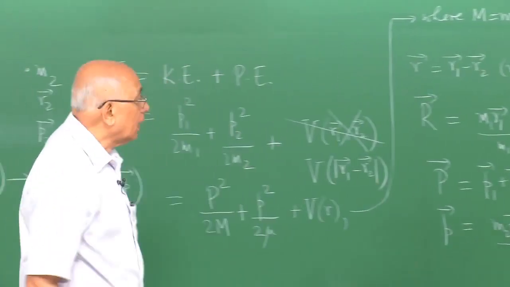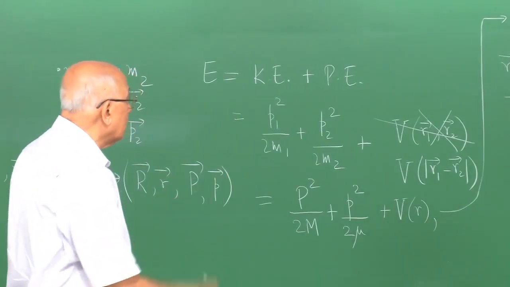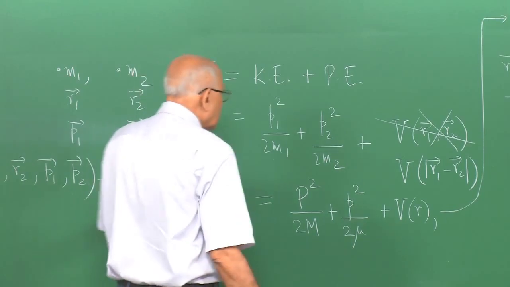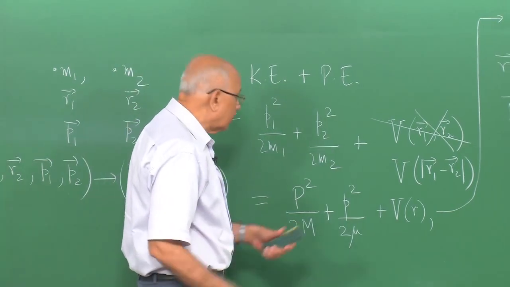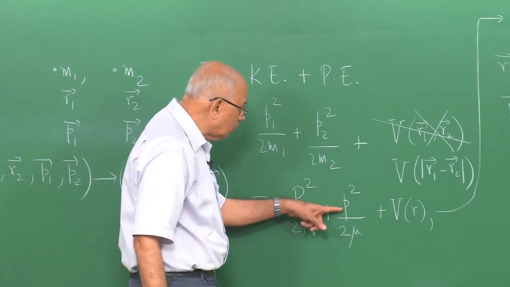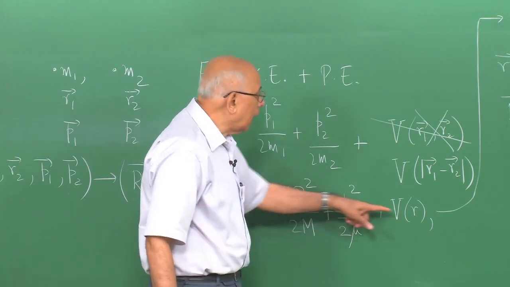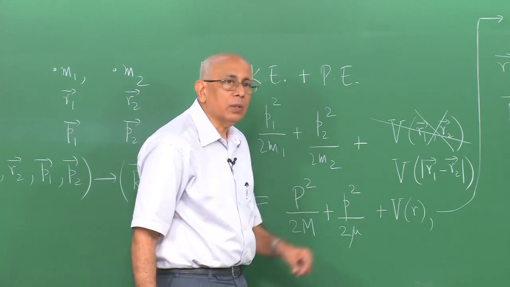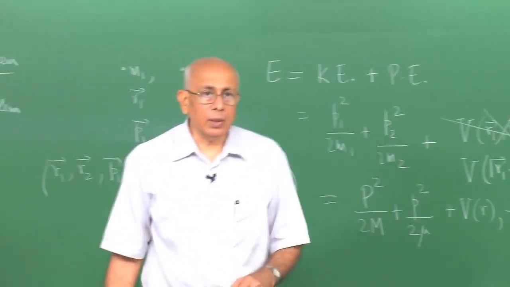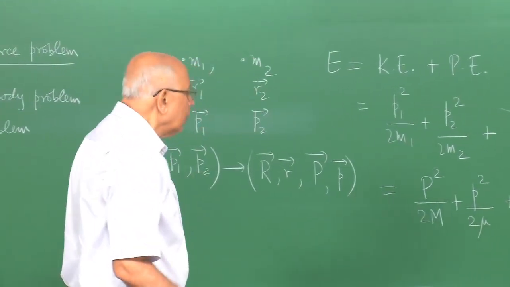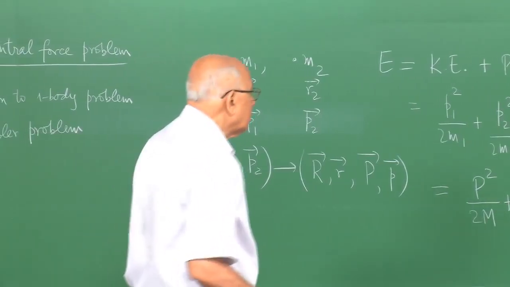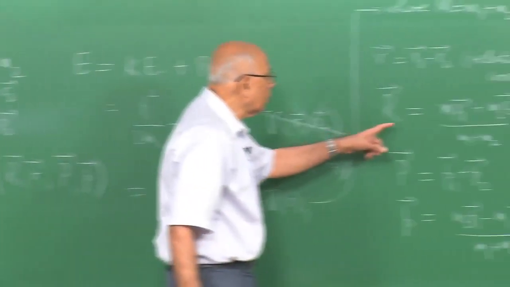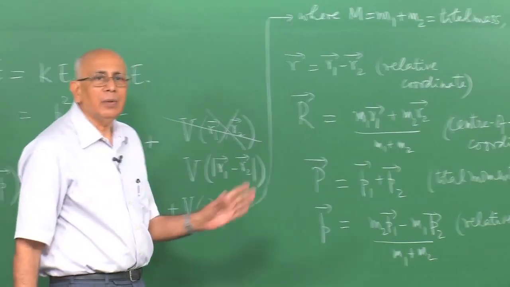So we have explicitly here an expression for the total energy in terms of the total momentum, the relative momentum, and a potential energy which depends only on the magnitude of the relative coordinate. It is immediately obvious by inspection that the center of mass coordinate does not appear anywhere here.